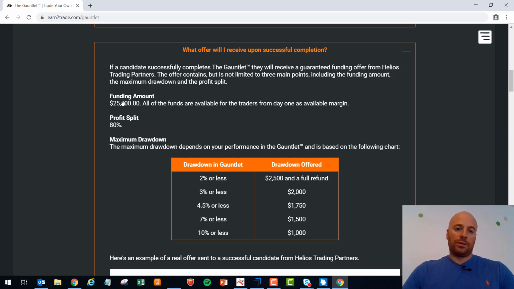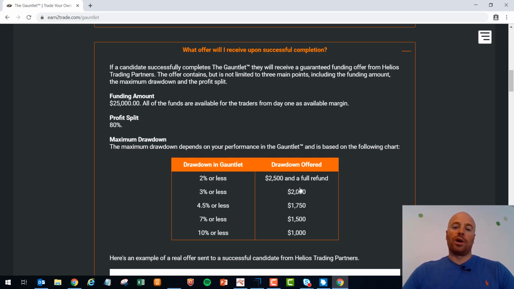Now, what's most important when you're evaluating these types of programs is the drawdown, not necessarily the size of the account. So the funding amount of 25,000, okay, that's great, but actually the drawdown that's offered is where you want to put most of your attention.